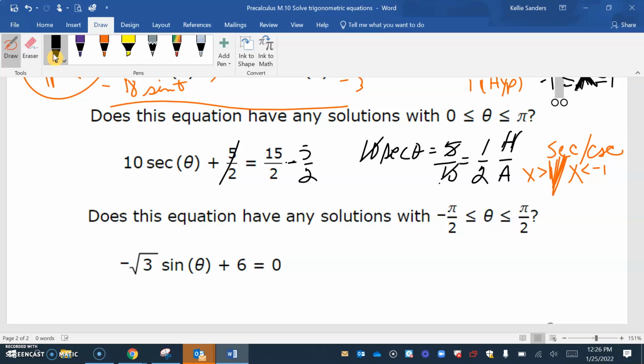So again, the hypotenuse, or the supposed hypotenuse, 1, is smaller than the adjacent 2. That doesn't work because the hypotenuse always has to be the bigger number. So again, no. This does not have an answer because 1/2 is not bigger than 1 or smaller than -1.